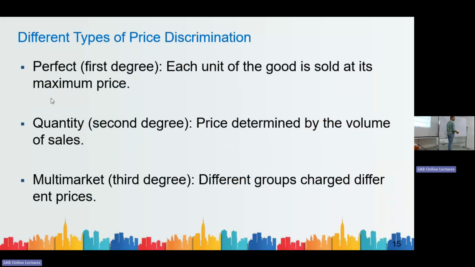Block pricing. For example, electricity: from one level of units to another, this is the unit price. And from this number of units of electricity to this number of units, a higher price.